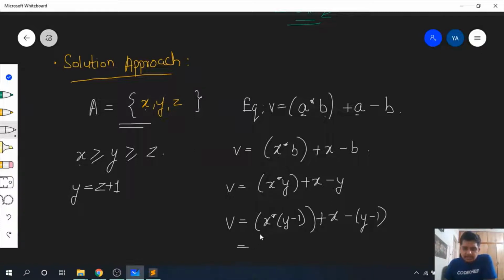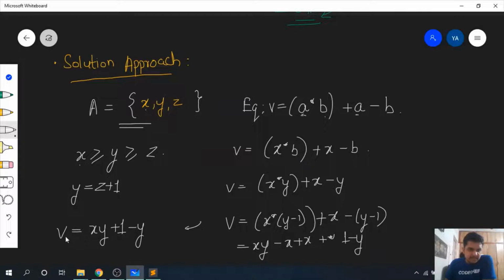Let us rephrase this. So this will become xy minus x plus x plus 1 minus y. Therefore, I will write it over here that v is equal to xy plus 1 minus y.